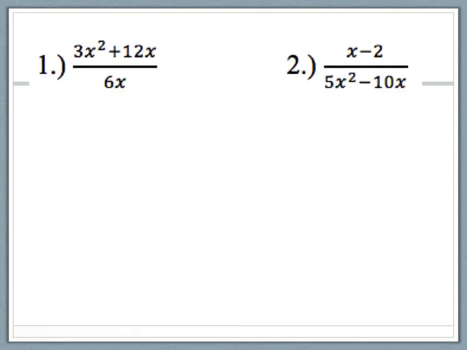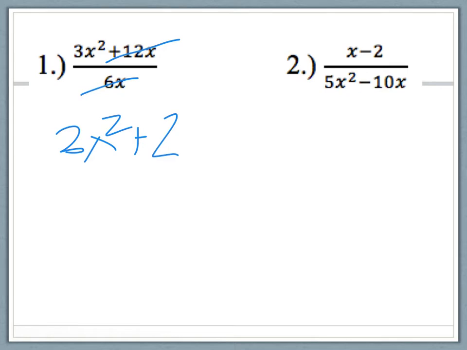So let's look. Here's the common misconception that people have, and they're going to get in trouble because it's not what we can do. A lot of people just want to cross off the 12x for this x and say, okay, that's going to just be 3x squared plus, well, 6 goes into both of those, so they say 2, and the x's cancel off. We can't do that.